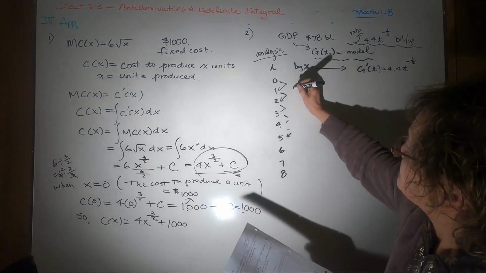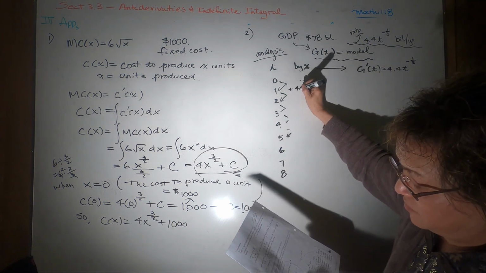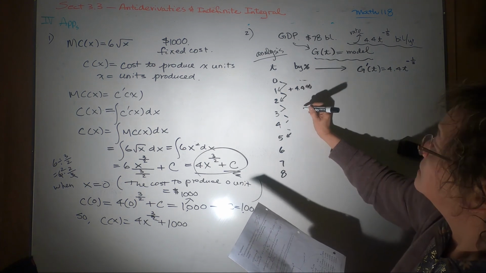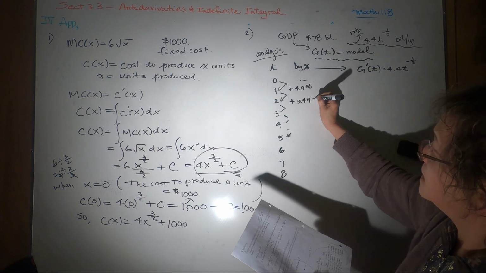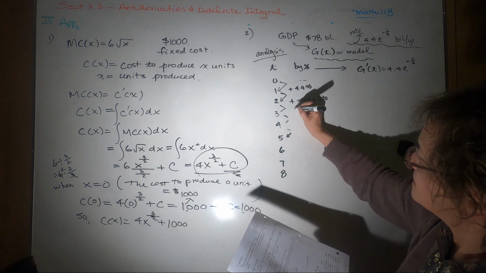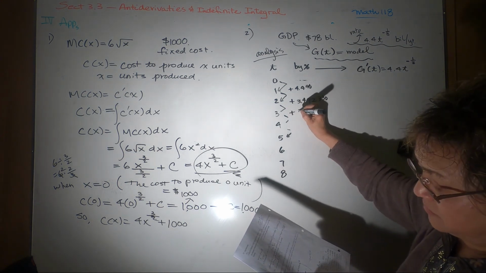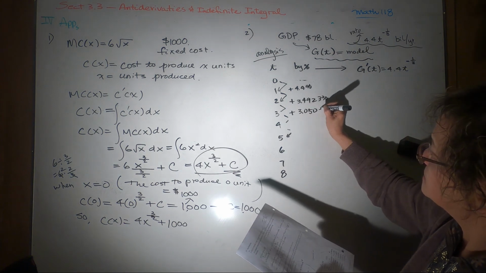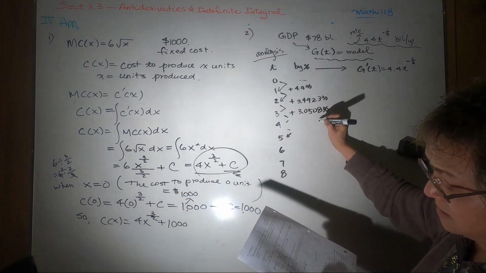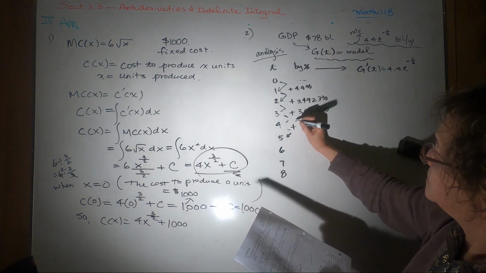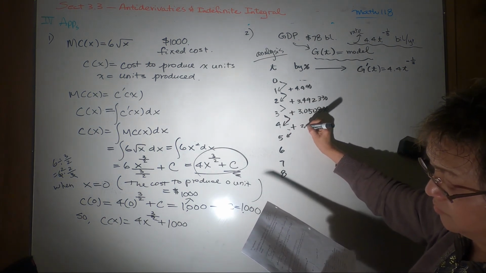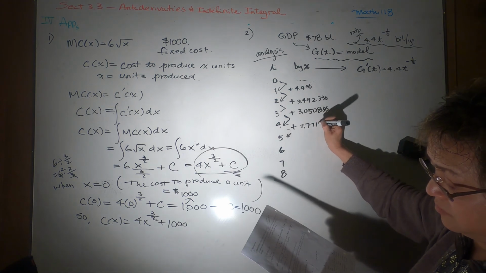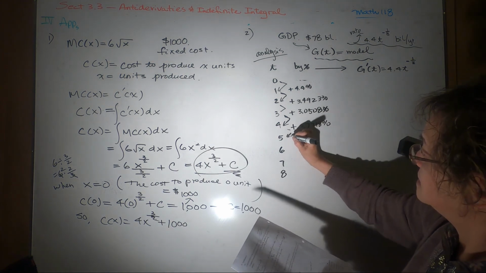So first year, that means I add 4.4%. Then after this, I add 3.4923%. This will be 3.0508%. Next one will be 2.7718%.